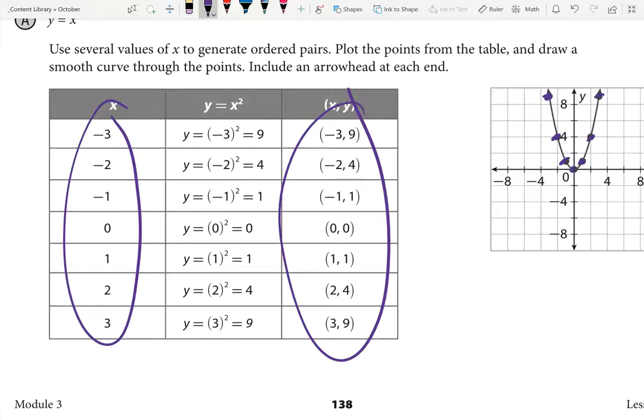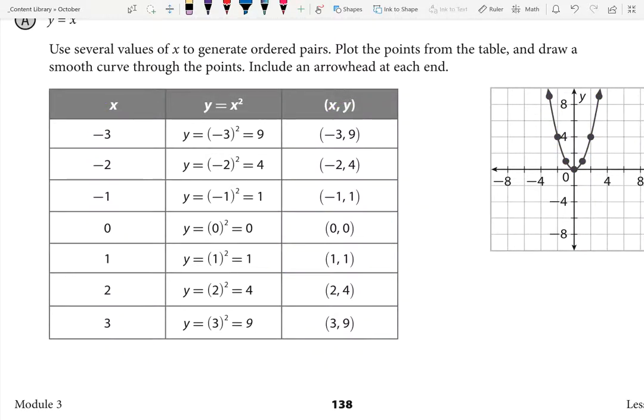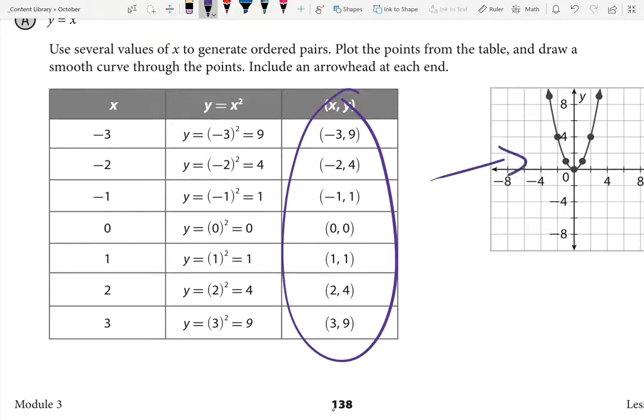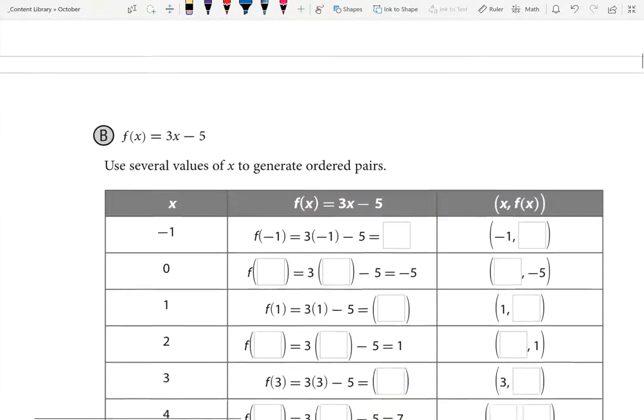And so we were able to plot those points, notice that the pattern was a U shape, and then connect those dots with that U-shaped line. So that's the approach. We can pick any numbers we want to plug in. We're going to collect points. We're going to create some points. We're going to plot them on the graph until we see what the graph looks like. Once we know what the graph looks like, we'll draw our line through it and make it complete.